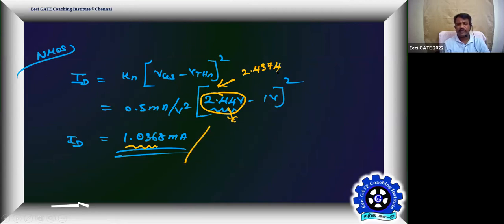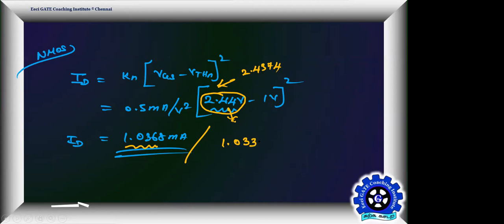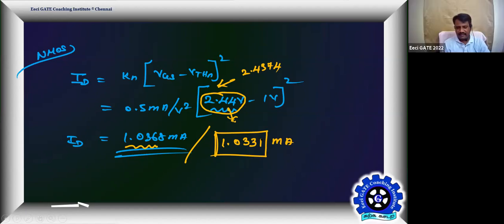2.4374 minus 1 is 1.4374, the whole square, into this. Tell me what number you're getting. 1.03305, okay. It's the same right up to that digit.